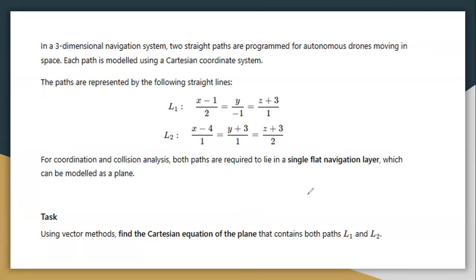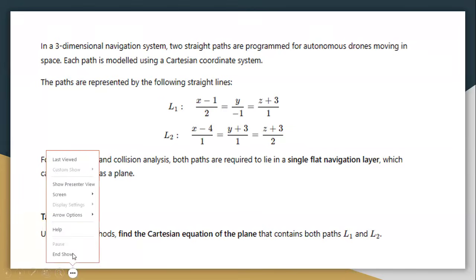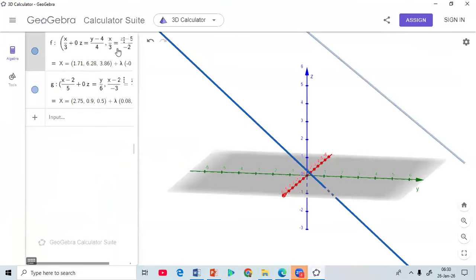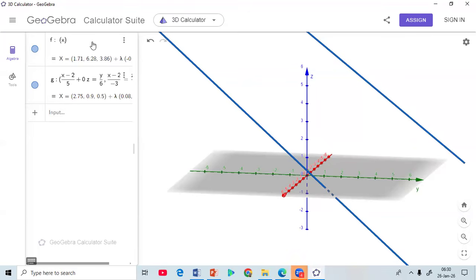Personally, I'm going to use the graph just so that I don't go through the testing here. But you must test the lines.